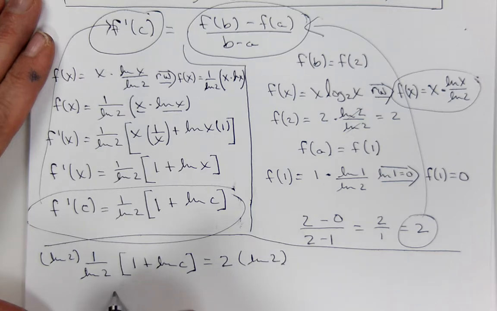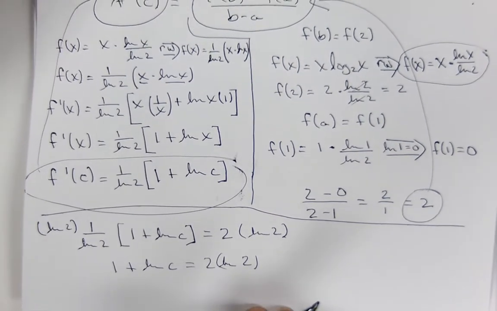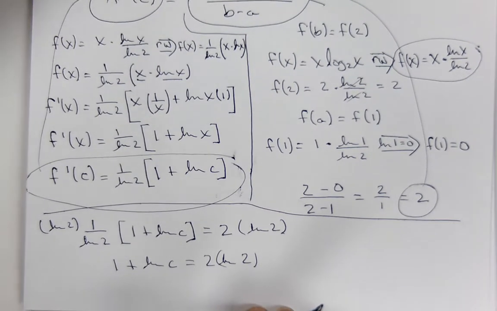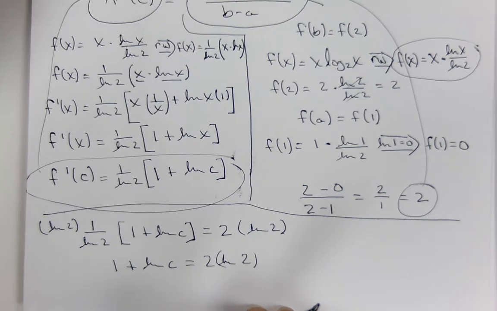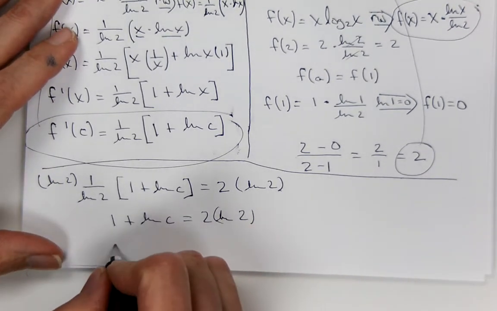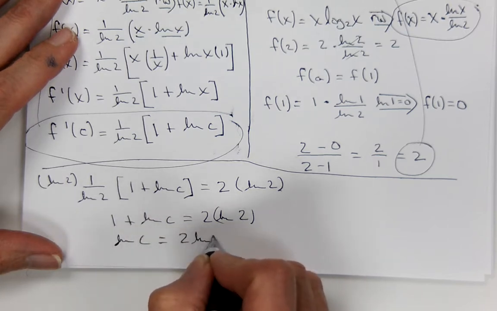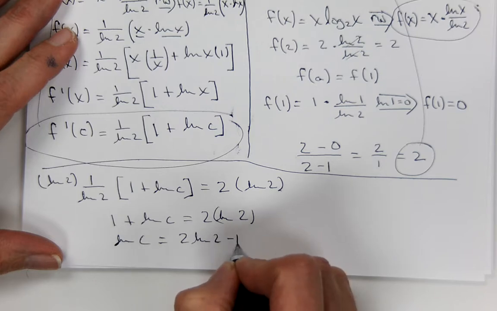And that gives me 1 plus natural log c equals 2 natural log 2. And next I'll subtract 1. So we get natural log c equals 2 natural log 2 minus 1.